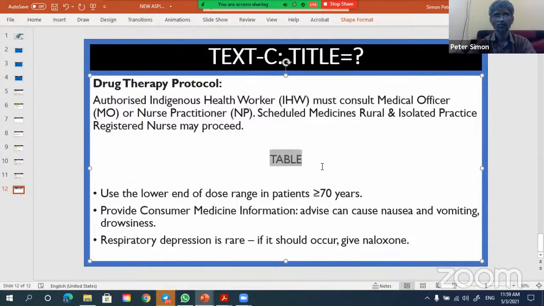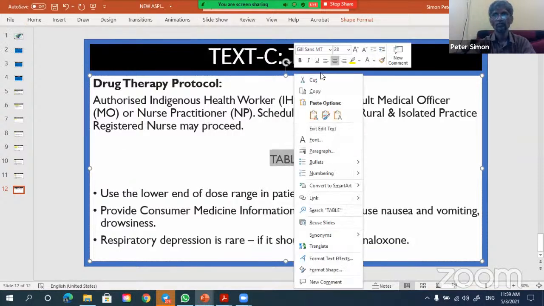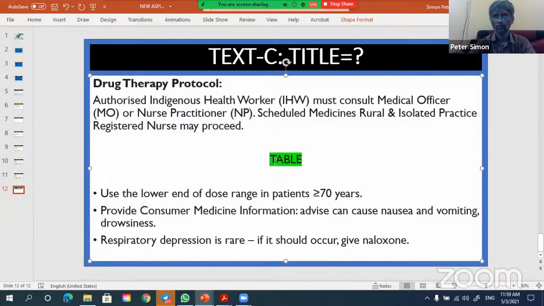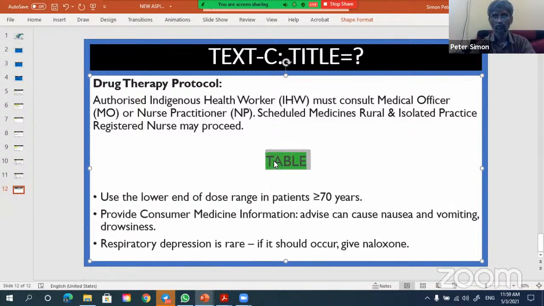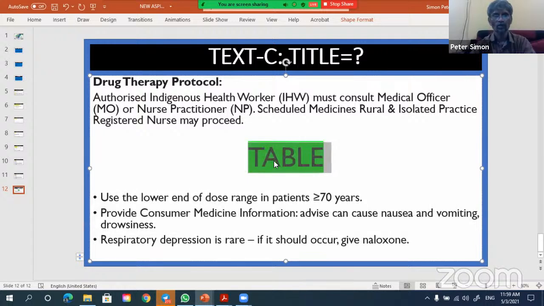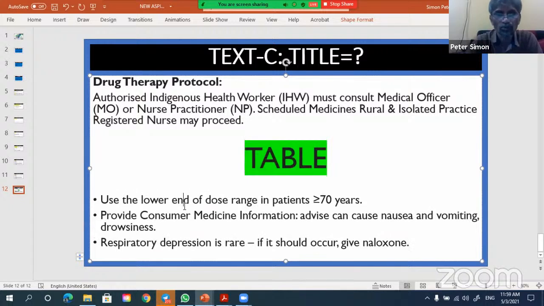Yeah, this is the table. Yes, now the table is there. That table we'll put in the next slide.